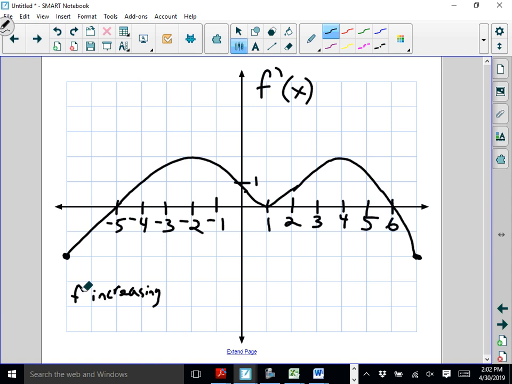Now, for F increasing, there's a couple of different answers that would be acceptable. We could say from -5 to 1, union 1 to 6. Or we could say from -5 to 6.